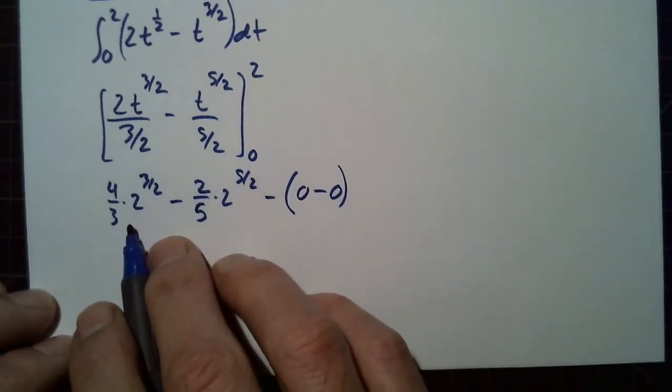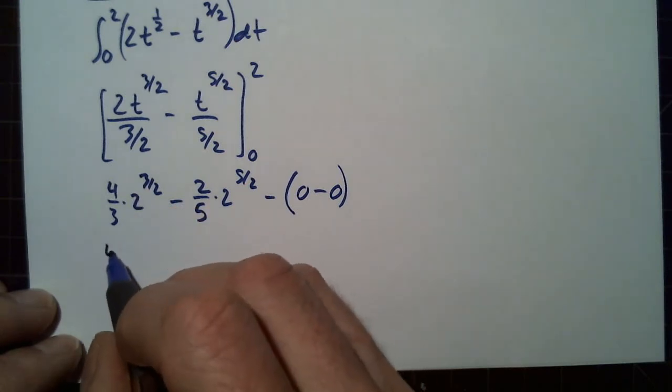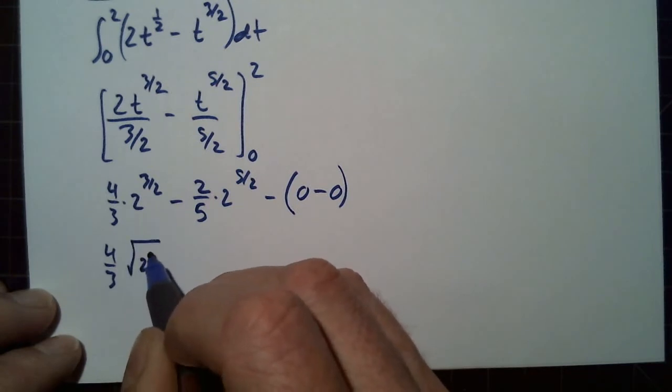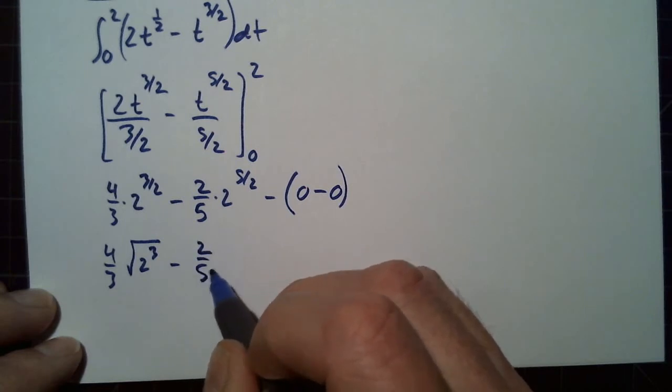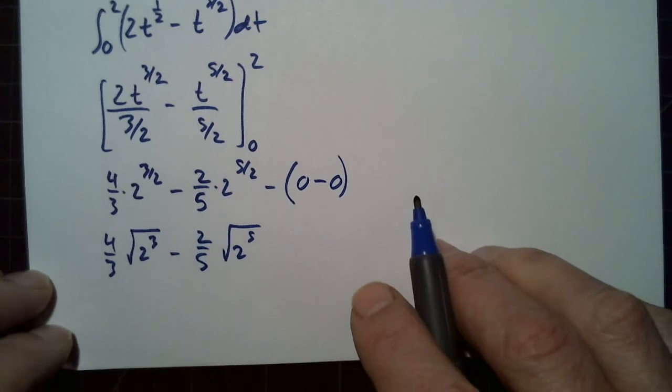Alright, this is square root of 2 cubed, and here we have the square root of 2 to the 5th.